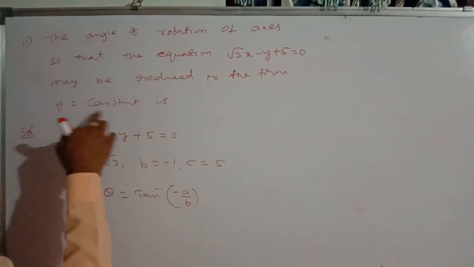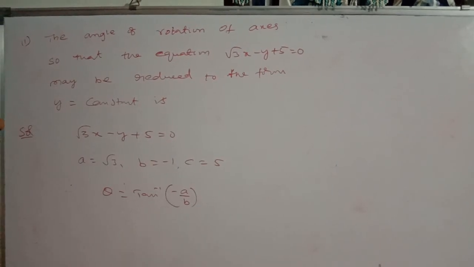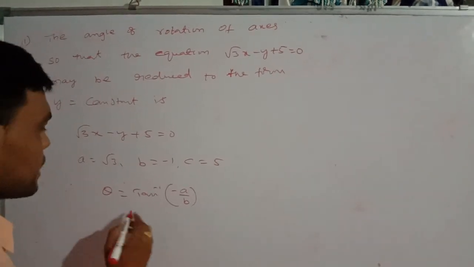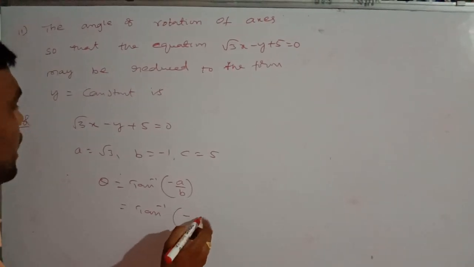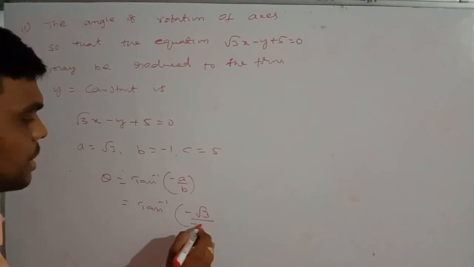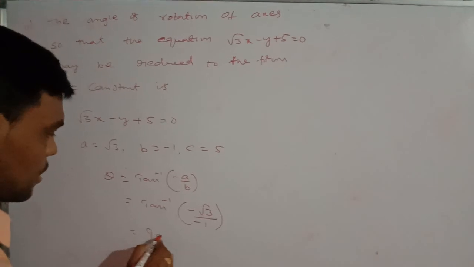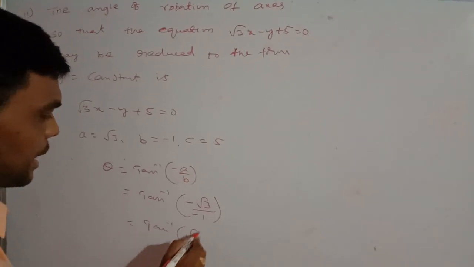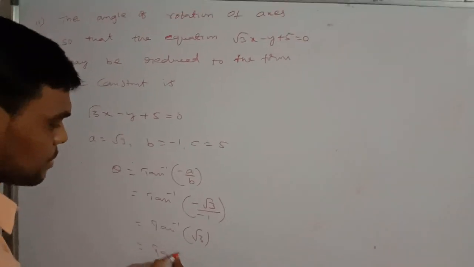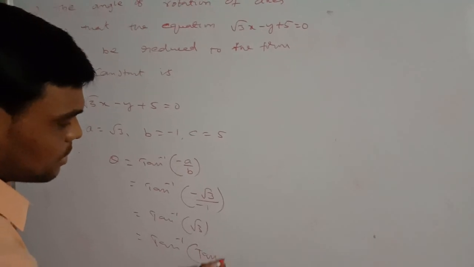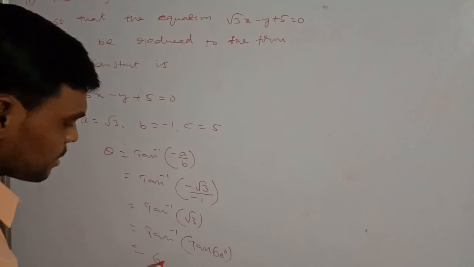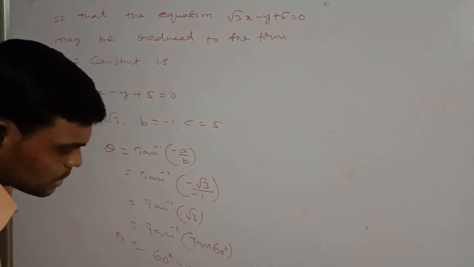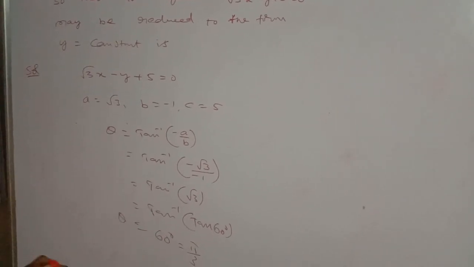This is the formula. So tan inverse of minus root 3 by minus 1, which is tan inverse of root 3, which is tan inverse of tan 60 degrees. That means theta is 60 degrees, equal to pi by 3.